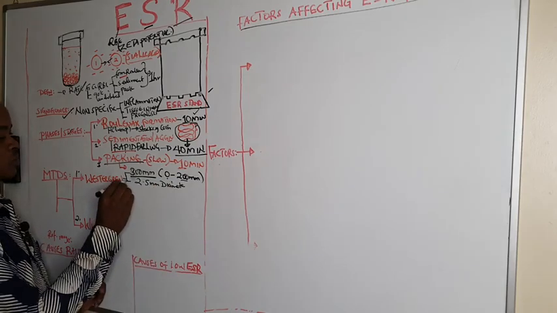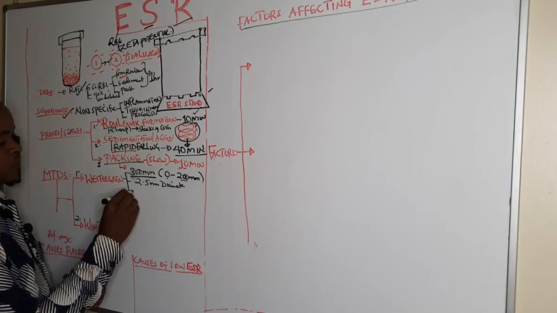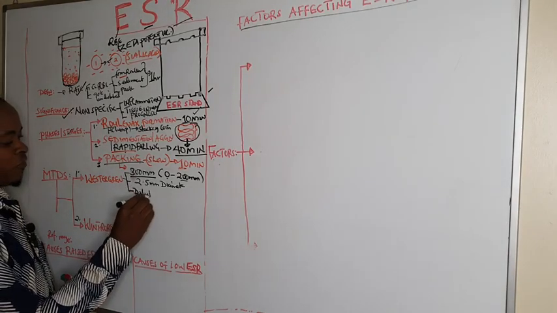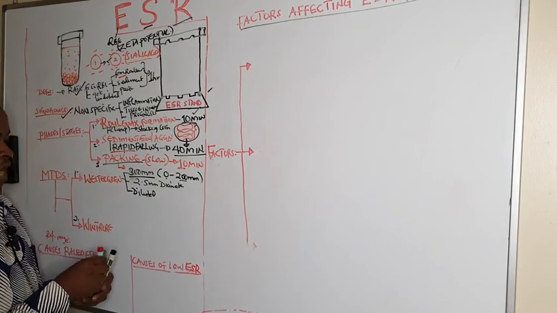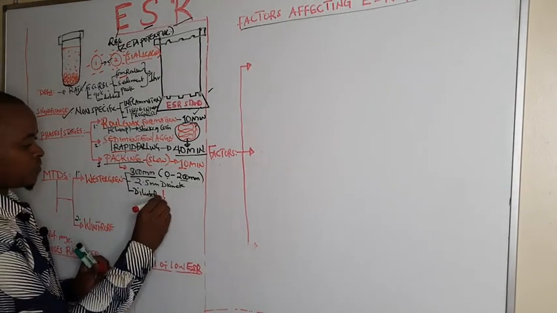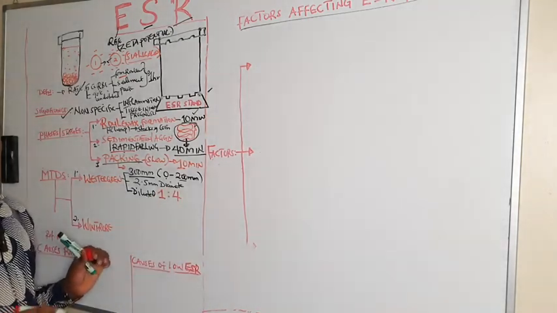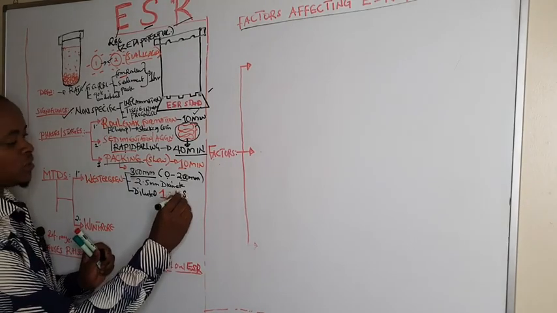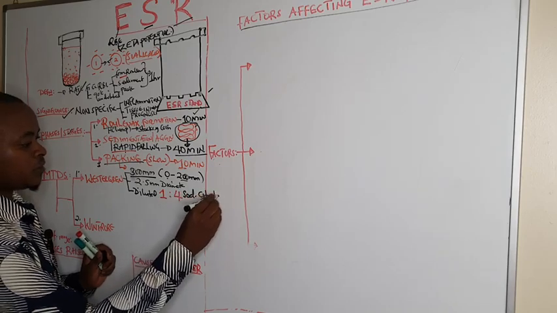And in this tube, we use blood which has been diluted. Before putting the blood in this tube, you dilute it 1:4 with sodium citrate. Here the anticoagulant used is sodium citrate.